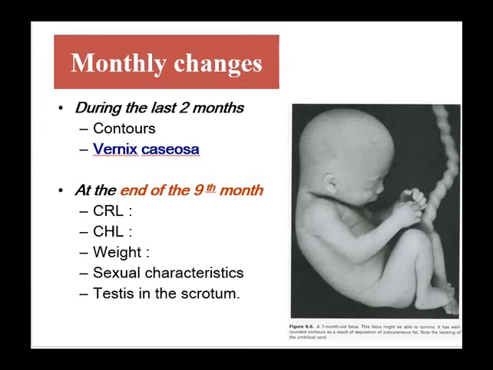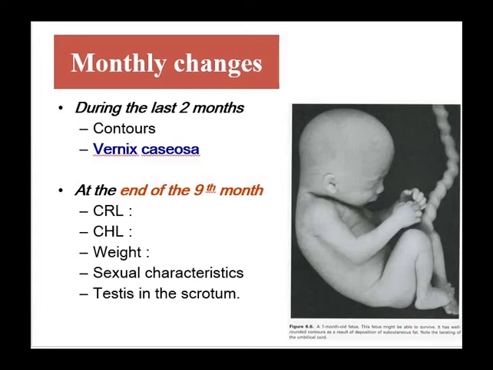Regarding the time of birth, the date of birth is most accurately indicated as 266 days or 38 weeks after fertilization. An important part is to know the age of the embryo and to estimate the delivery time.